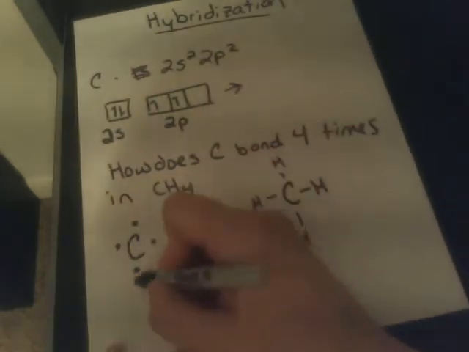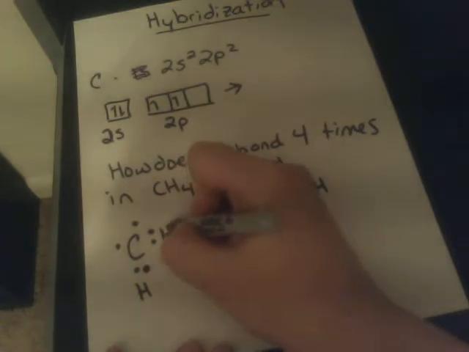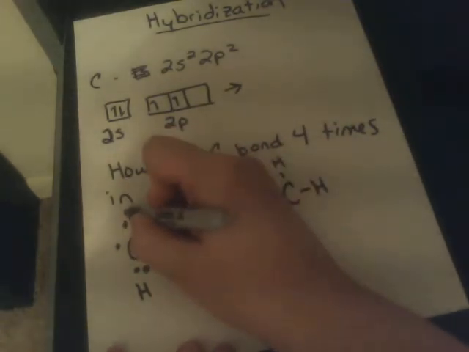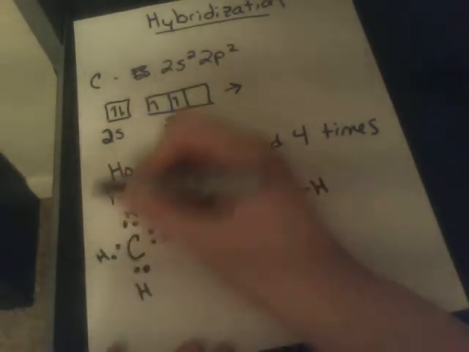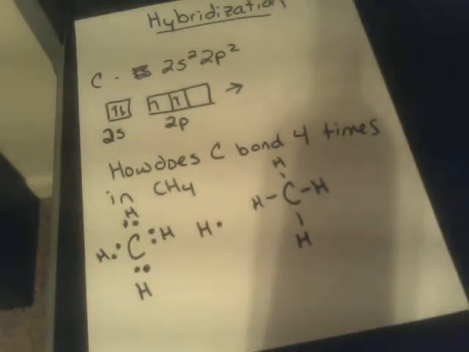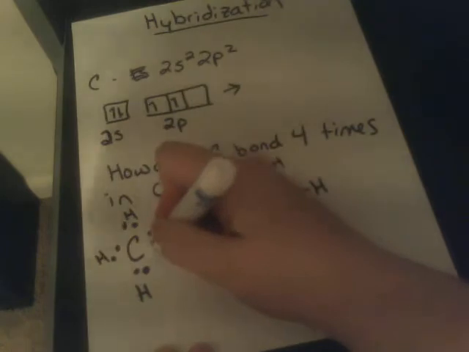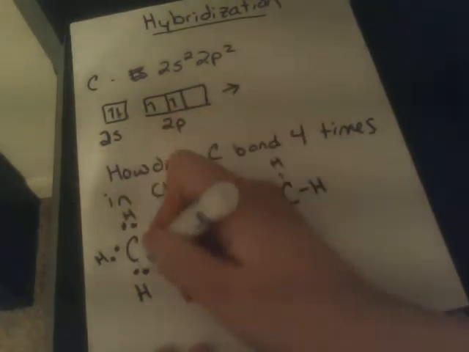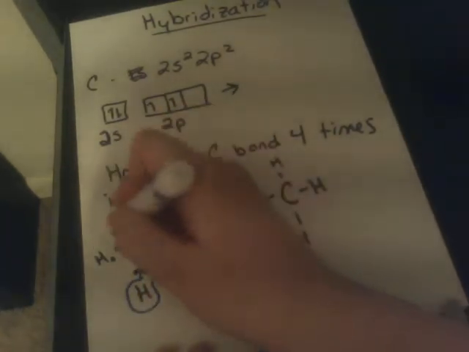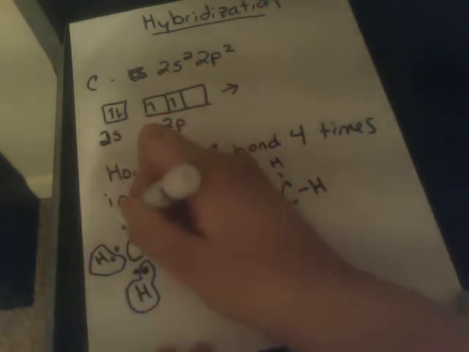So essentially, I'm going to need to put one here with a hydrogen, one here with a hydrogen, and a hydrogen. So that's how it actually looks when we make a sigma bond. I'm circling the hydrogen and the electron that it brought.